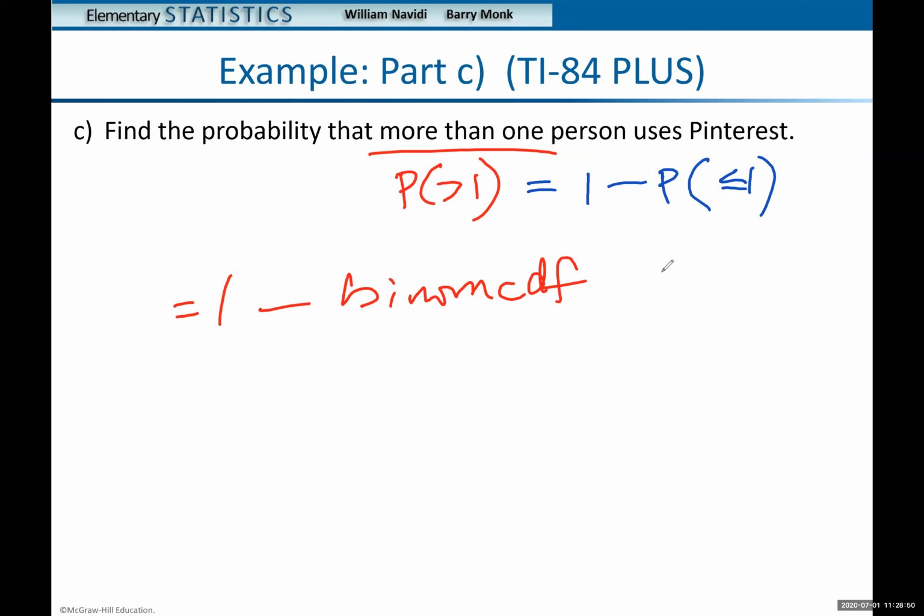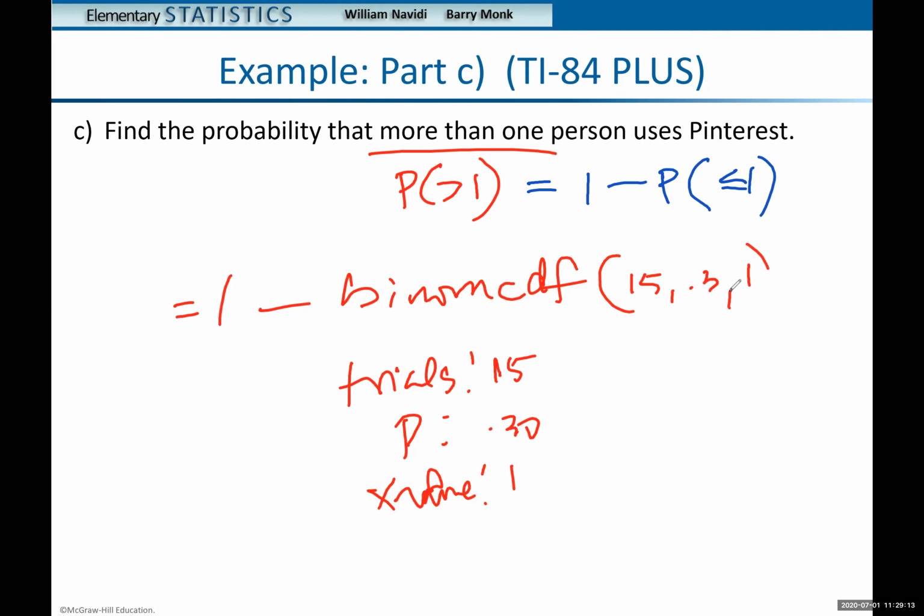Second vars is binom CDF, and you will see trials, P. So again, you have 15, 0.3, and the x value is 1. 1 minus that, 1 minus second vars, binom CDF. What is the answer? 0.96.